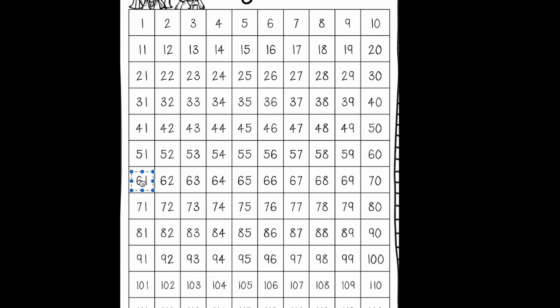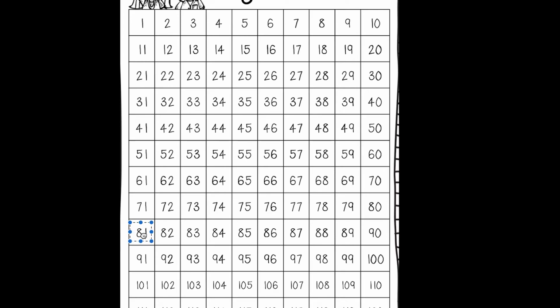So from 61, adding 10 more, we have 71. And then if we add 10 more, we move down one more row, we get 81. And then they had 4 more puzzle pieces that they have to add by ones.